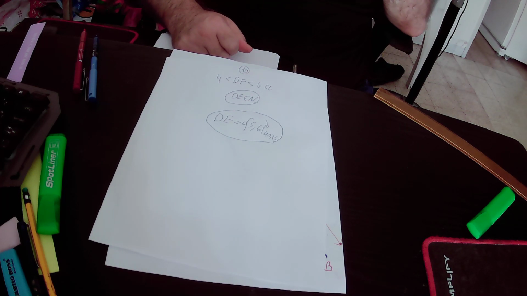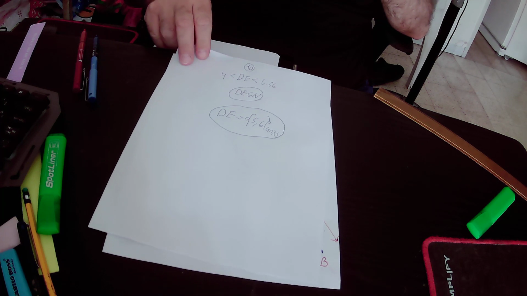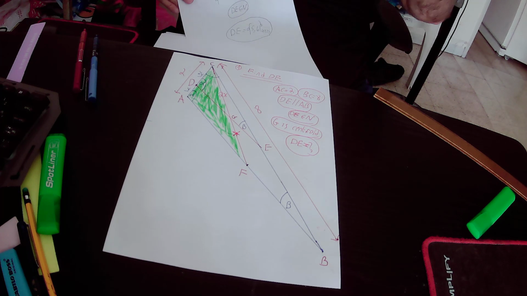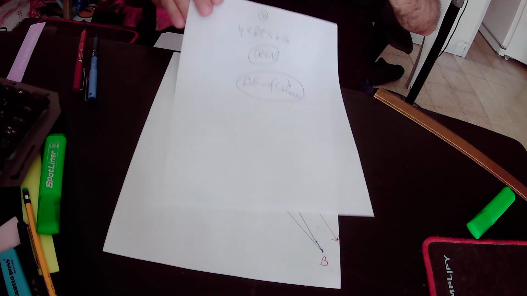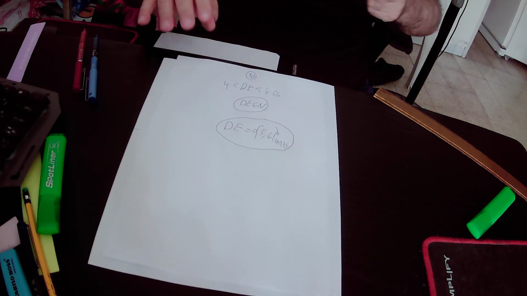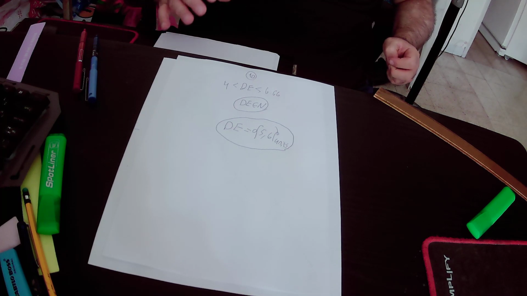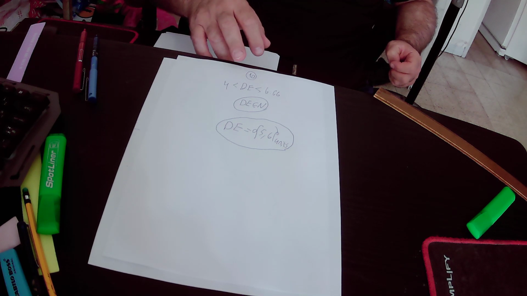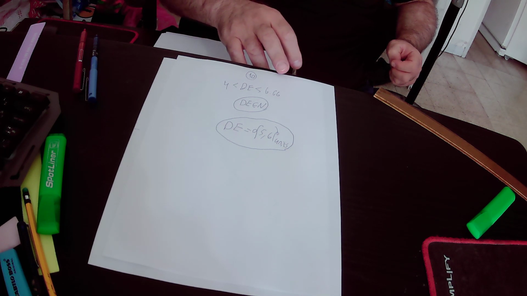Okay? But it is given in the question that DE belongs to the natural numbers. That is to say, the size of DE is a number that belongs to the natural numbers. So which natural numbers are bigger than 4 and smaller than 6.66?